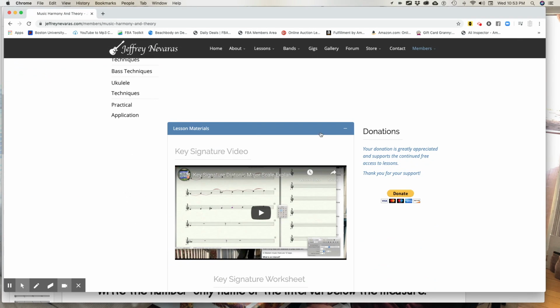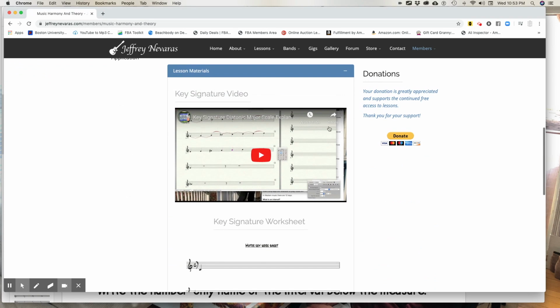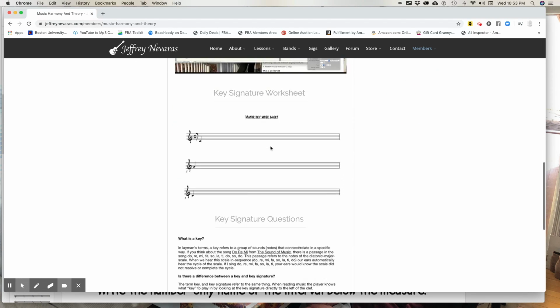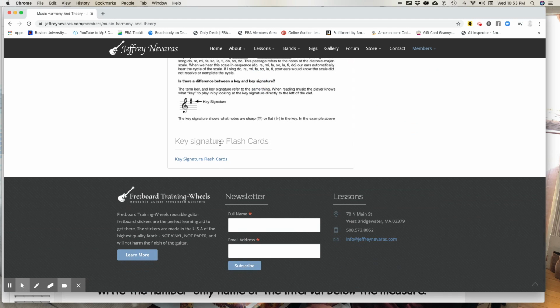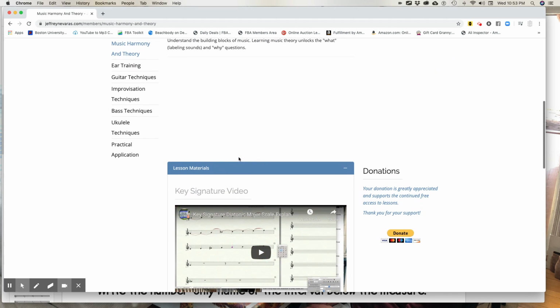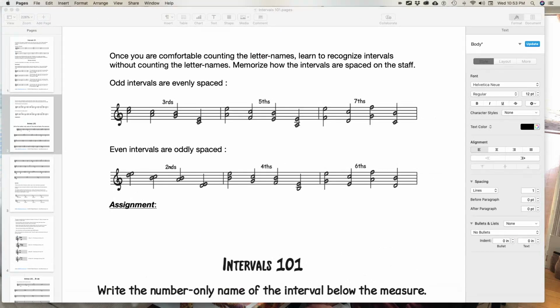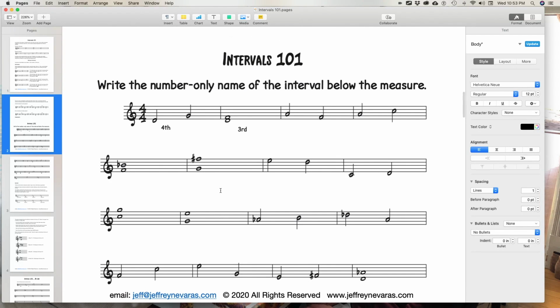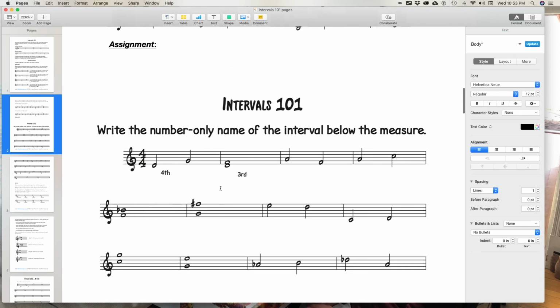I only have one lesson in here right now, which is the key signature video, worksheet, and questions. There's flashcards. Today's lesson will be labeled Intervals 101. When you click on it, you will be able to pull up this worksheet. You can print it out and practice with it.